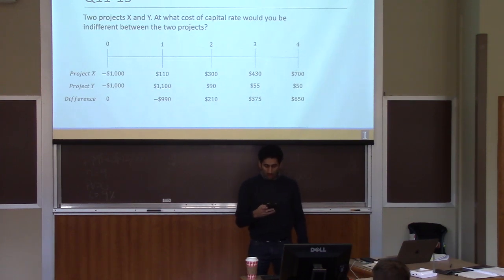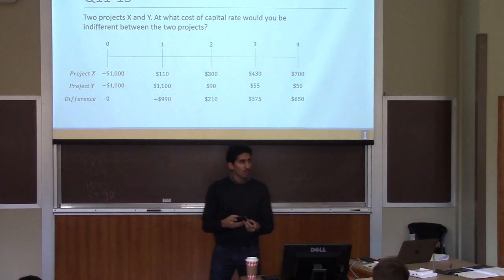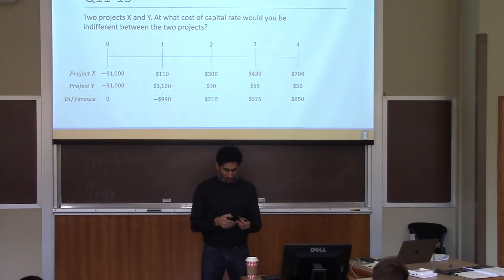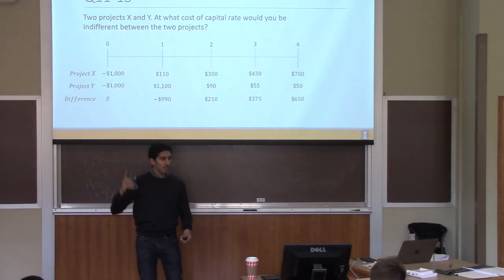Cash flow 3, 375, enter. And finally, cash flow 4. Okay, now we have a populated calculator. We're all good.